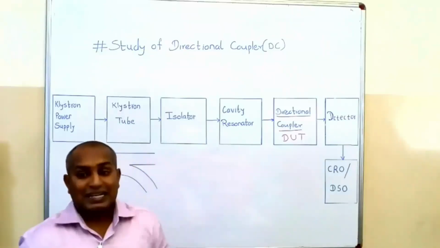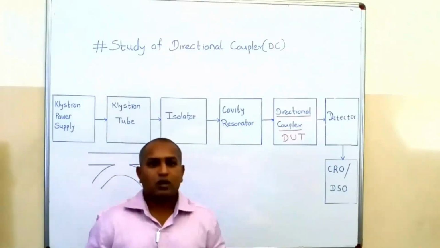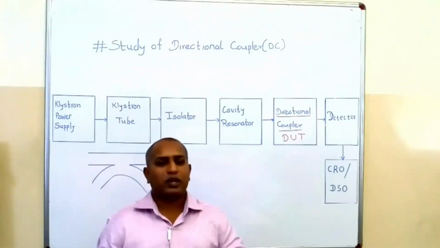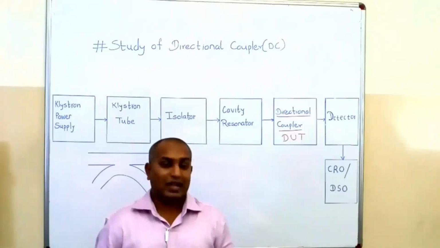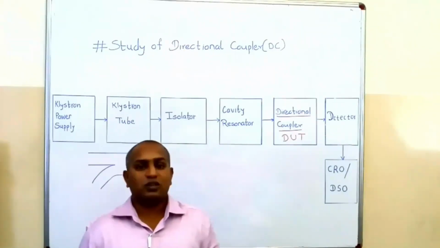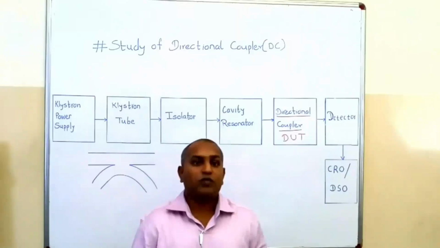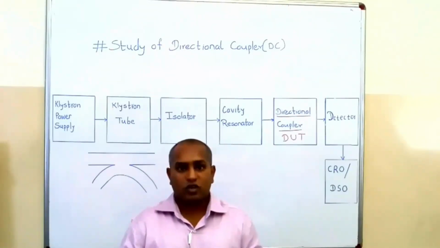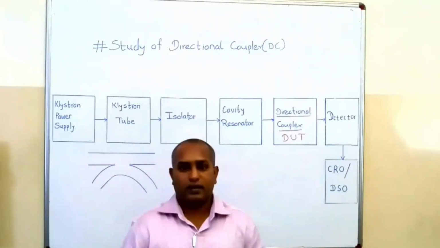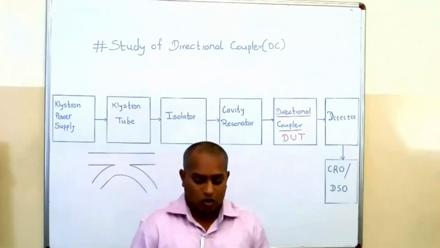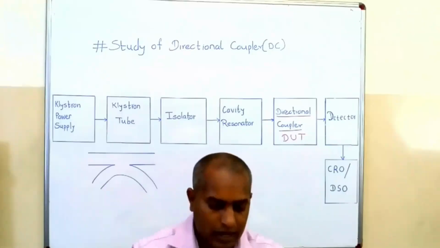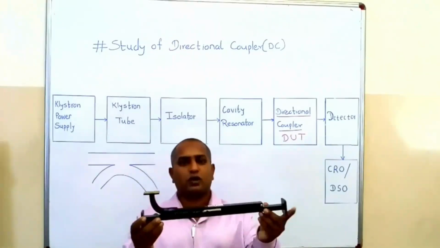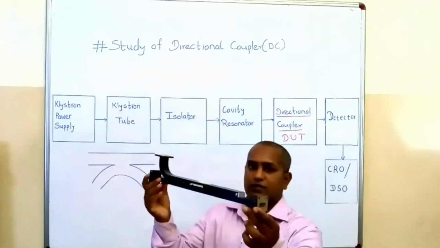First of all, see the actual construction and working of the directional coupler, and then we will see how to measure the parameters of the directional coupler like coupling factor, insertion loss, isolation and directivity. If we see the actual structure of the directional coupler, it looks like this.